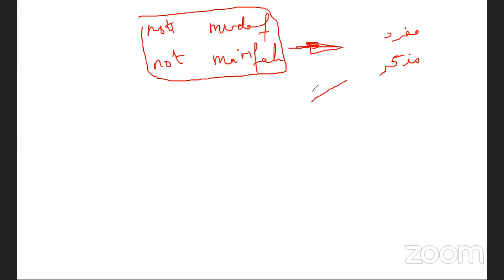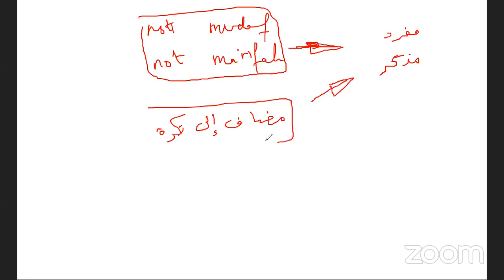It is also going to be mufrad and mudhakkar if it is mudaf, but the mudafun ilayhi does not have alif or lam. And that is what is called mudafun ila nakira. إذا كان اسم تفضيل مضاف إلى نكرة, then the ism tafdil is mufrad and mudhakkar. Definitely we have to give the examples as well.